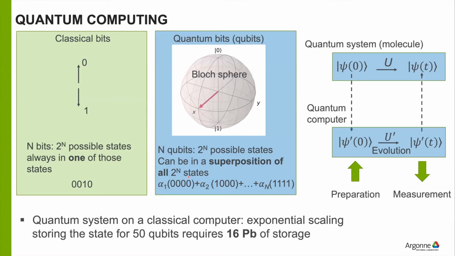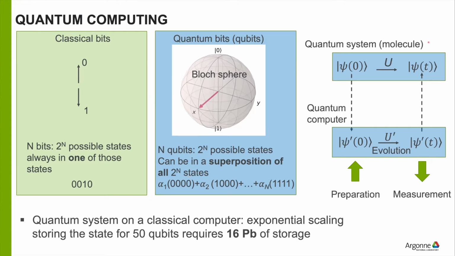So compared to the classical bits, which can be in state of either 1 or 0, in quantum bits, for the same number of bits, we have the same number of possible states, so a collection of zeros and ones. But now we can have a system in a superposition of these states, and we get a much more compact representation of a quantum state.